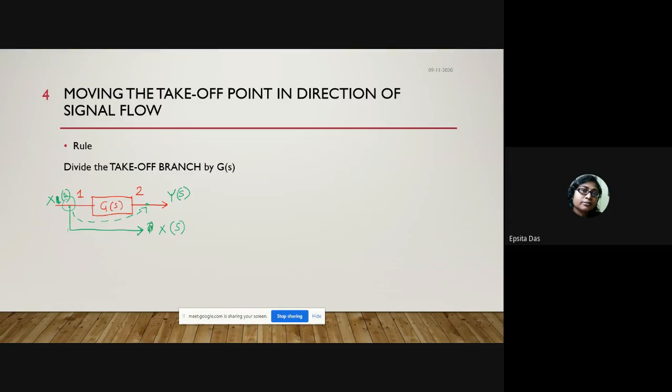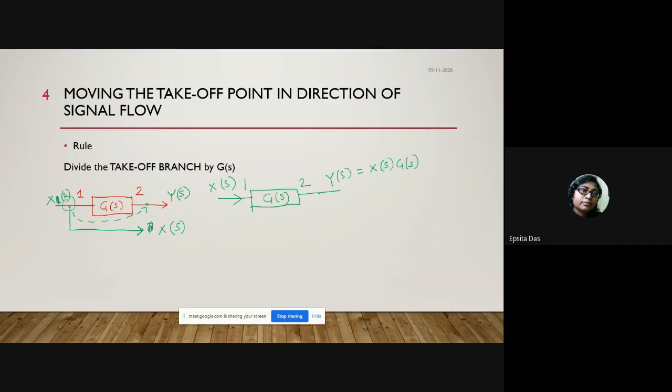I want to move it here. So I am drawing it here. This is my system, this is my point 1, this is my point 2. It was X(s) initially, and the signal Y(s) is here. What is Y(s)? Y(s) must be X(s) into G(s), as per our discussion.